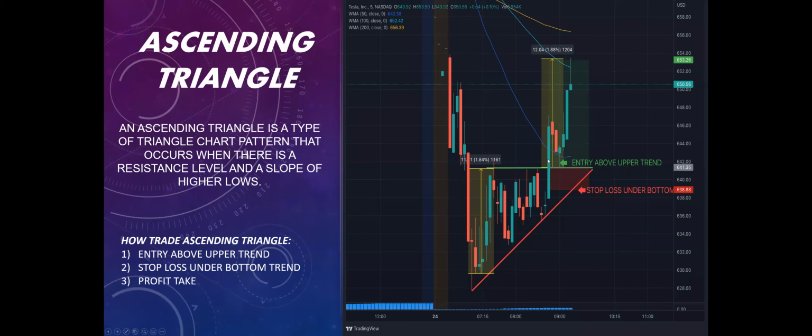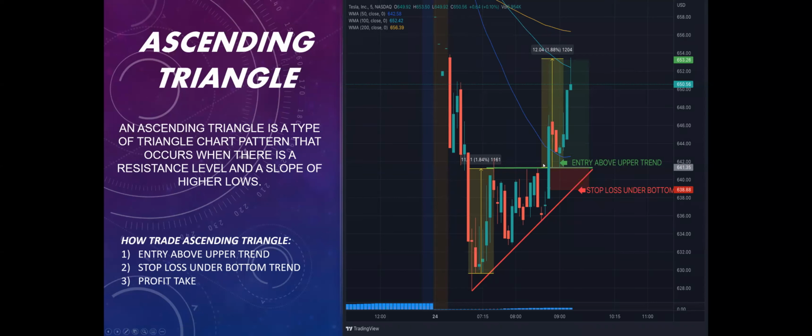I want to see a green candle hold the resistance as a support, followed by a bigger green candle with volume. You always want to see volume kicking in on the breakout, whether bull flag, bear flag, ascending triangle, or descending triangle.